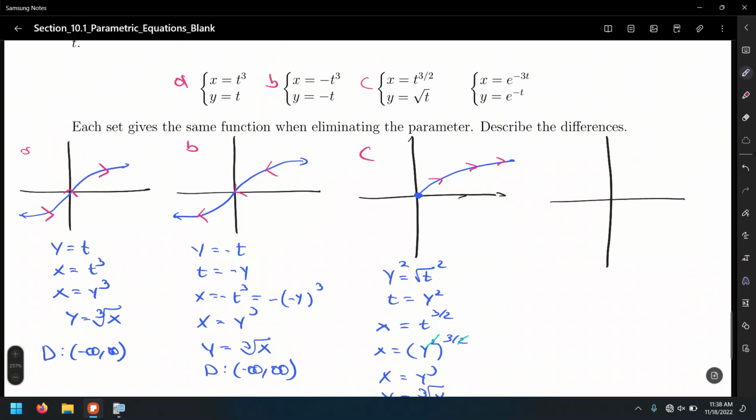Number one. For the previous example, the reason why we got only the rightmost tail of the function is because of the domain, or the restrictions of the square root of t, which in this case includes t equals 0.